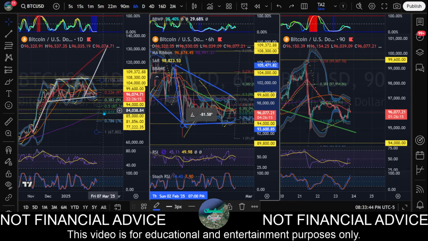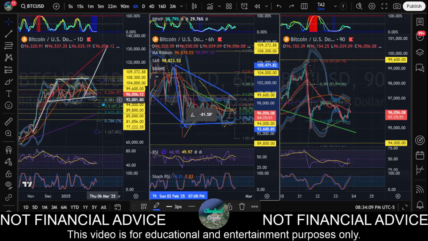And we actually have a support there, and that would be close to that 618 Fibonacci retracement level, which is a bounce point.